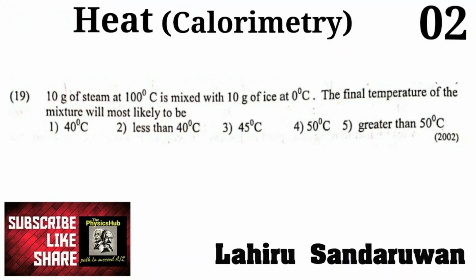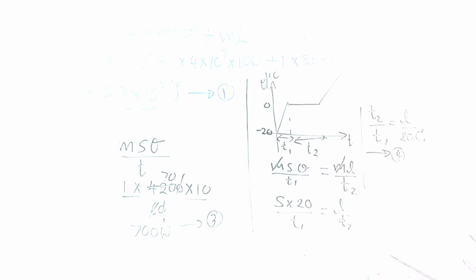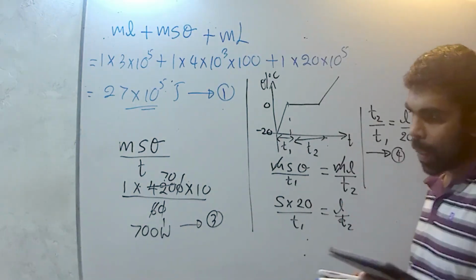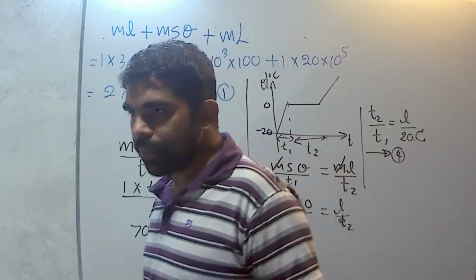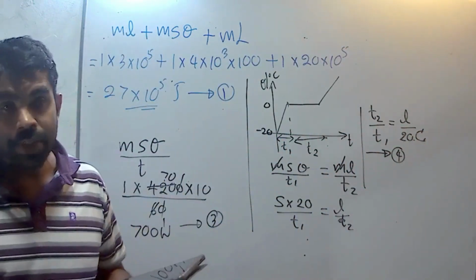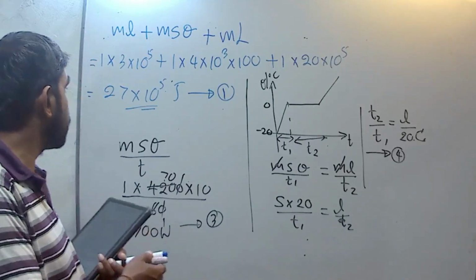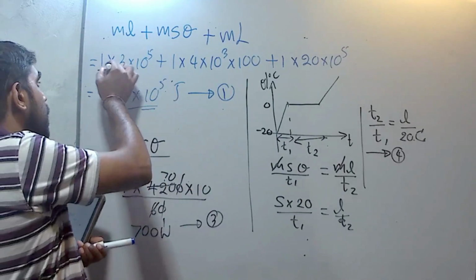10 gram of steam at 100 degrees Celsius is mixed with 10 gram of ice at 0 degrees. The final temperature of the mixture is most likely to be. We know that heat exchange for vaporization is a larger value than for melting.